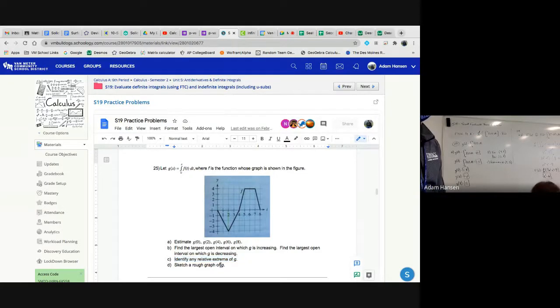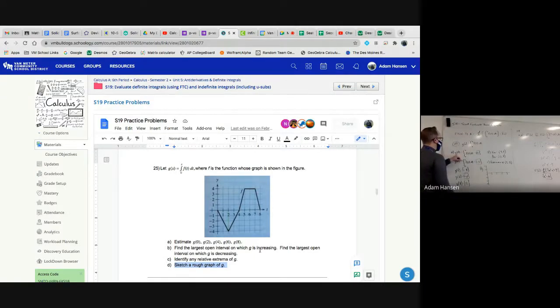Sketch a rough graph of g. So let's just plot points here. Make a rough sketch by point plotting, given these values we've got. That's the graph of g of x.